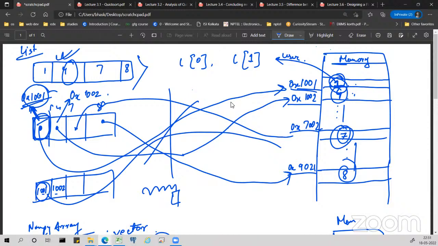A pointer is nothing but a memory location value, right? You store the value of the memory location. That's it. So a list is also the same, no, sir? Because here also we are storing the memory location address, and we are fetching the data.